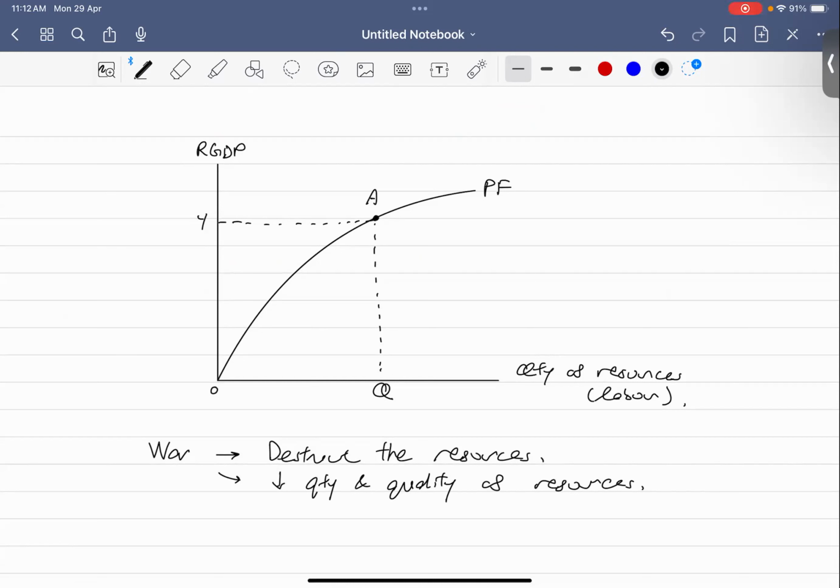Therefore your production function will shift downwards because this is war. So from point A to point B here. So you can see that it's a downward shift of the production function.